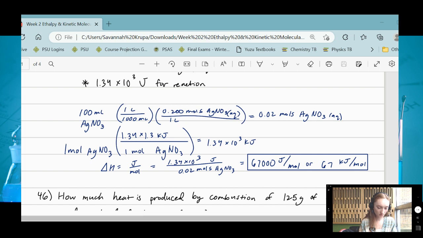So the delta H is going to be 1.34 times 10 to the third power of joules divided by how many moles we have, and we have 0.02 moles AgNO3 aqueous, and that's going to equal 67,000 joules per mole. Or, since it was asking in kilojoules, just dividing by 1,000 will give us 67 kilojoules per mole. So that is the answer for this problem.